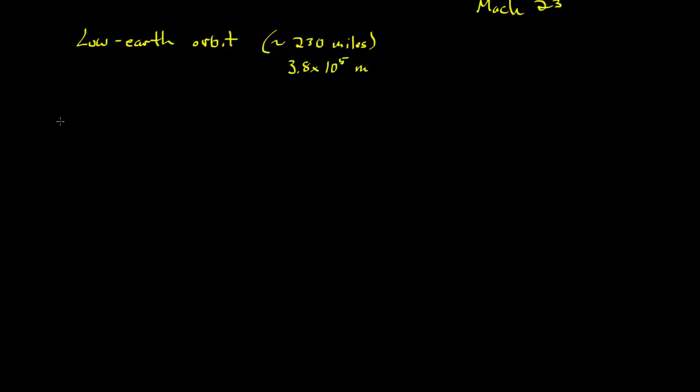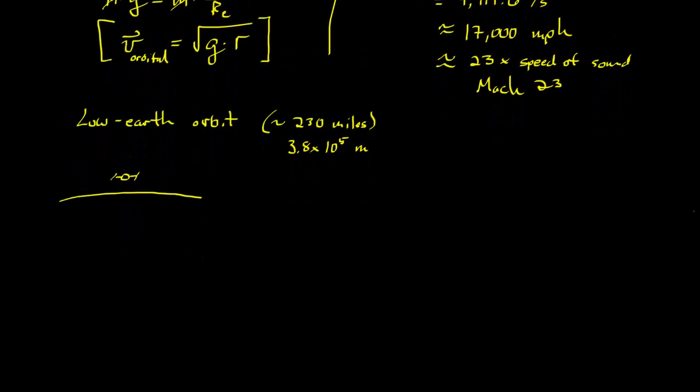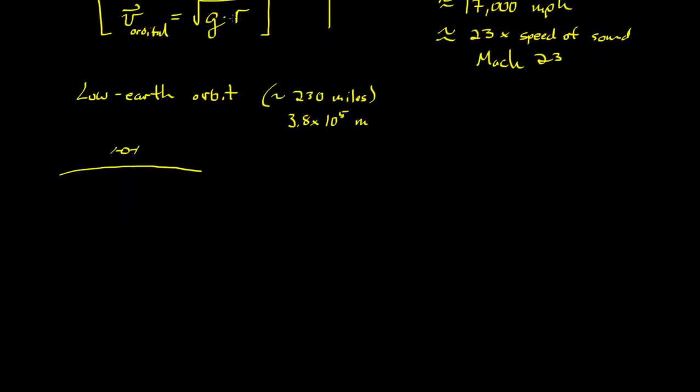Okay, so low Earth orbit. So we have the ISS. If we want to know how fast it's going, then we can use the radius, but we're going to have to add in the radius of the Earth. So it'd be the radius of the Earth plus the radius of the orbit.